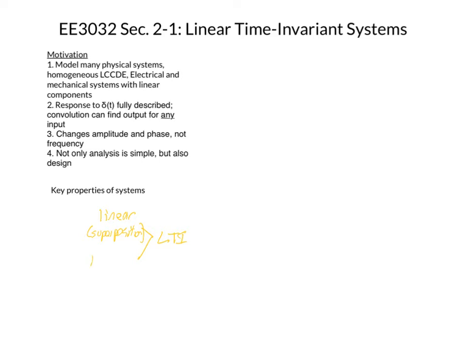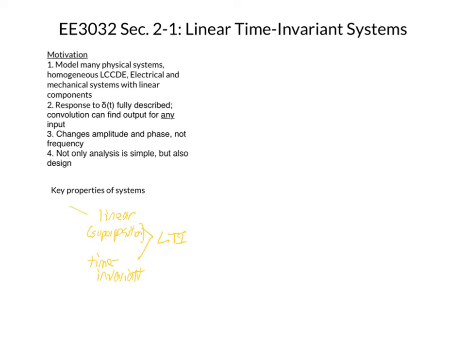Also, the other property is time invariance. We will learn exactly what that is mathematically and how to test a system and determine whether it has the time invariant property.